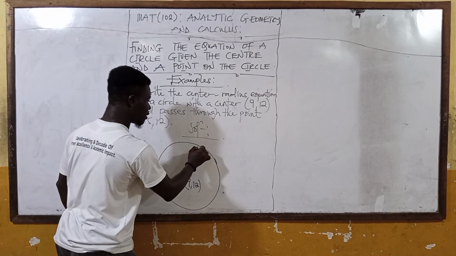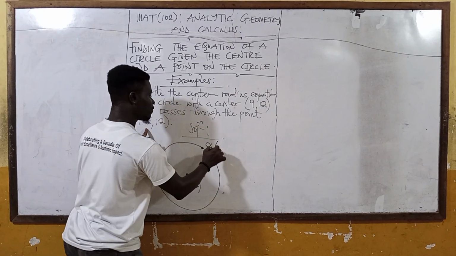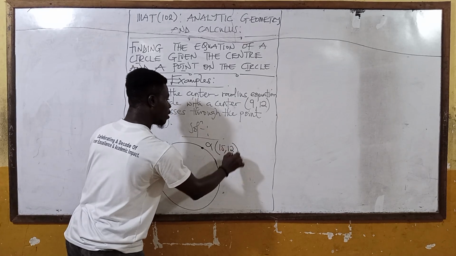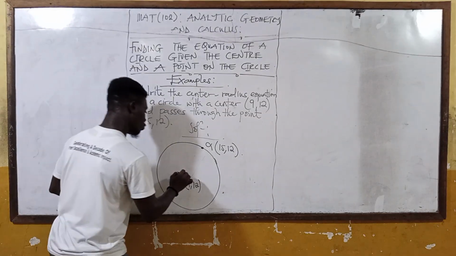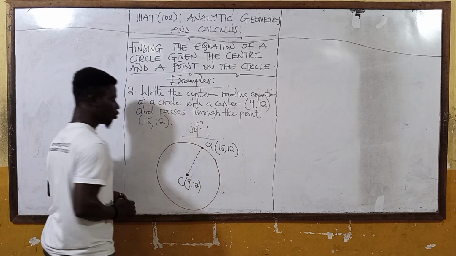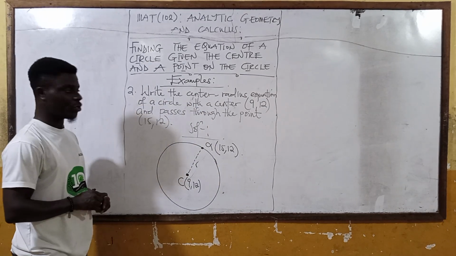Then we have a point here, so let's say point alpha, which is 15, 12. So point alpha. Don't forget, we draw a line from the center to the point alpha, which is our radius.